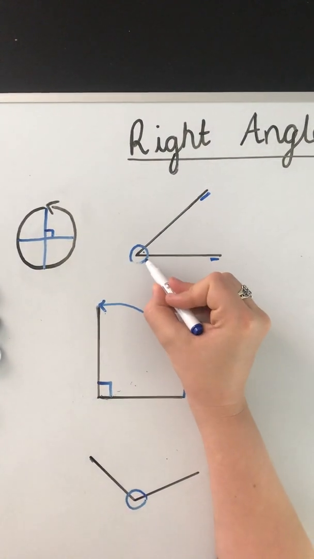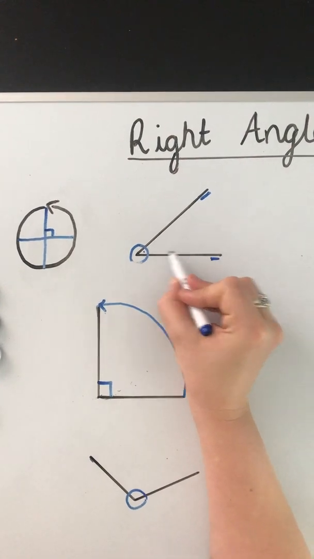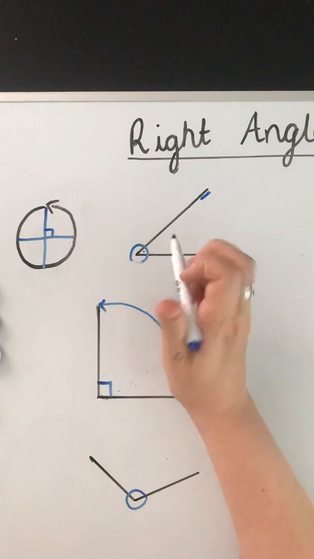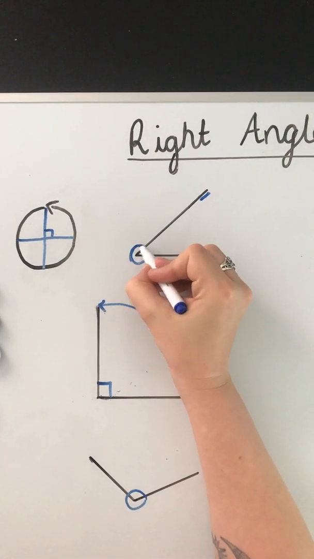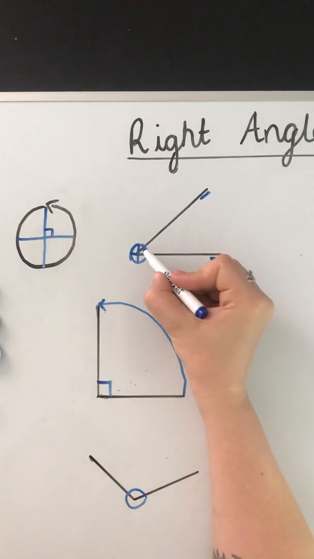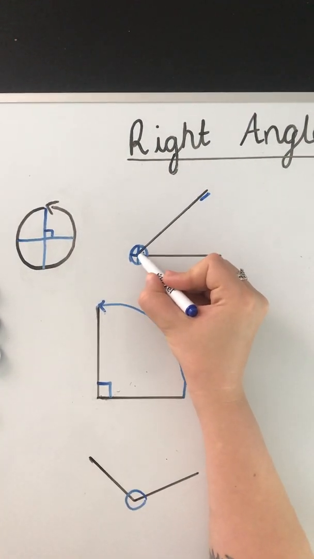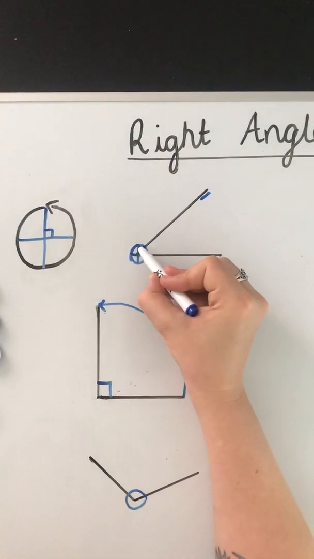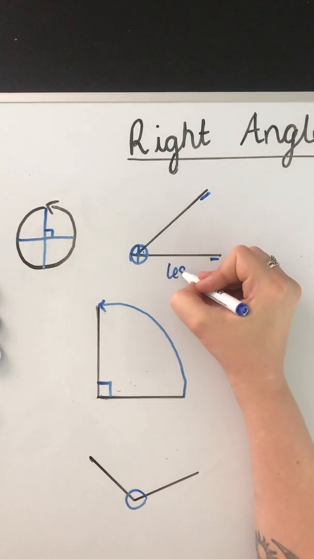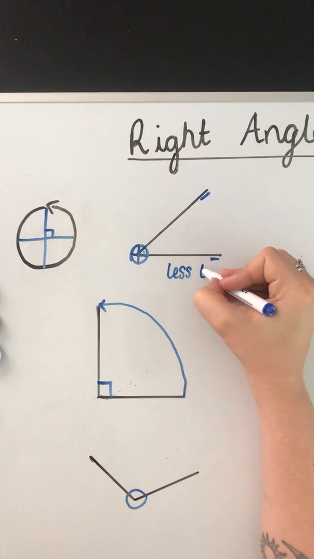Now, do you think this angle is greater than or less than 1/4 of a turn? Well, if you get your circle and you draw your quarters in there, you can see that this line here is less than 1/4 of a turn. Okay, so we could put here that this is less than.